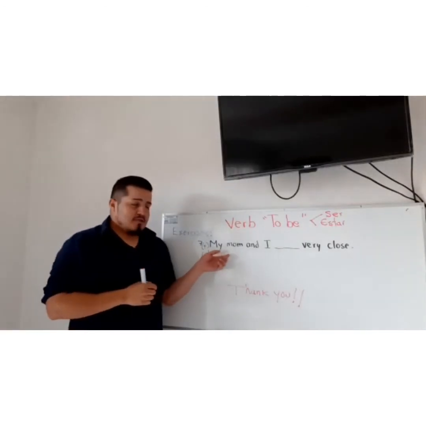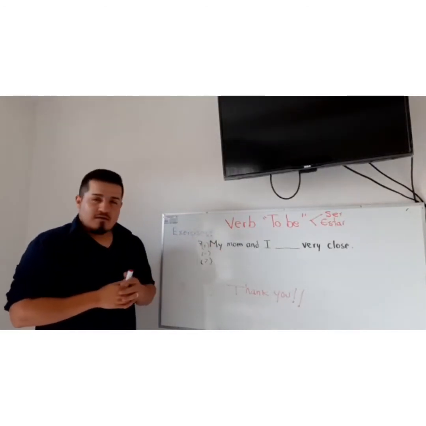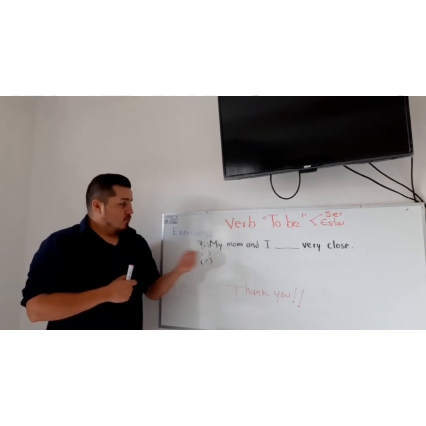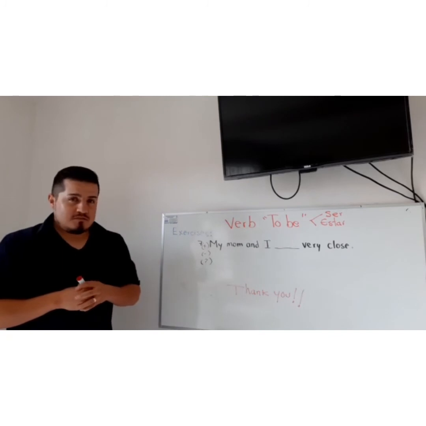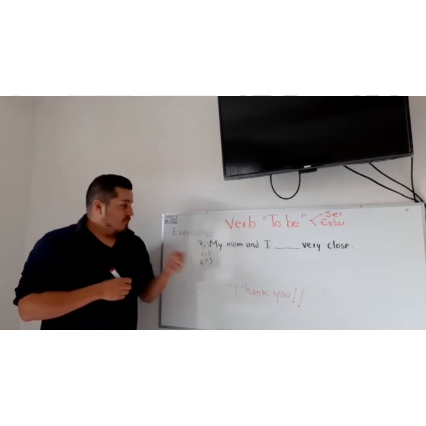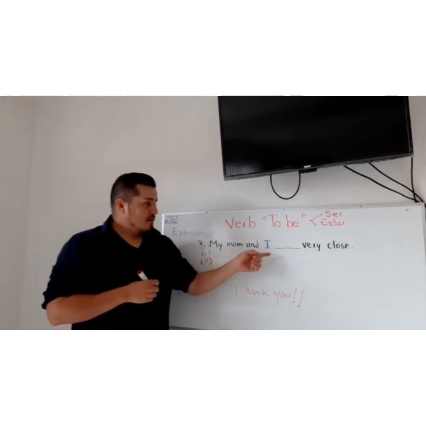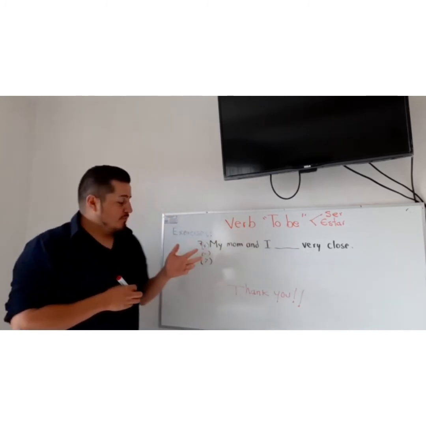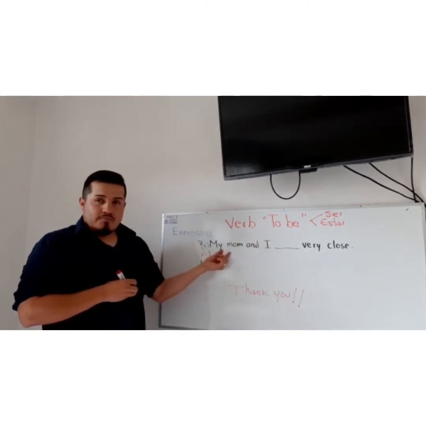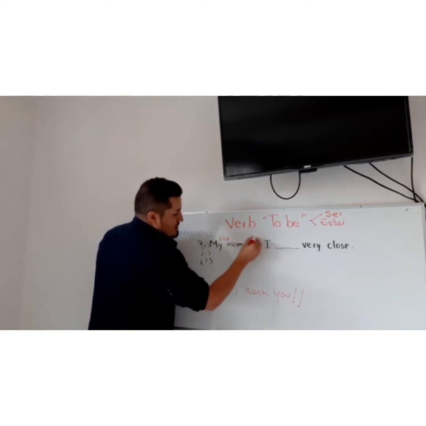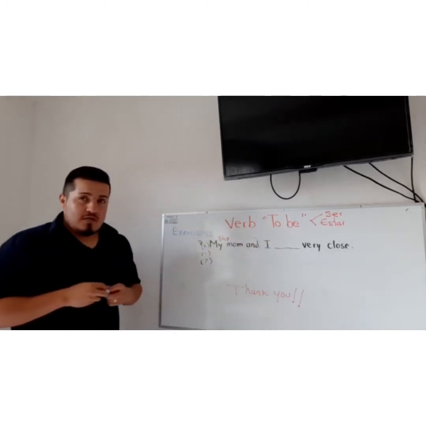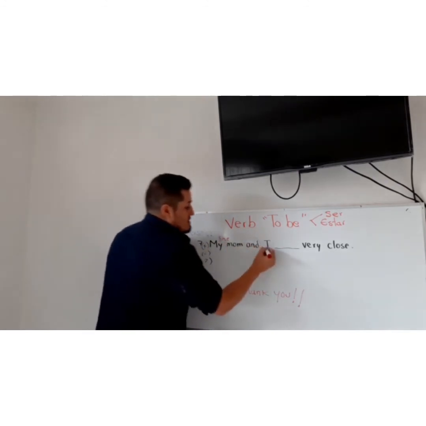And finally, let's answer this higher level sentence, in which we have to pay attention because the personal pronoun is not only one person. It could be two or more. For example, my mom and I, very close. My mom substitutes the personal pronoun she, but I'm not speaking only about her. I'm speaking about myself too.